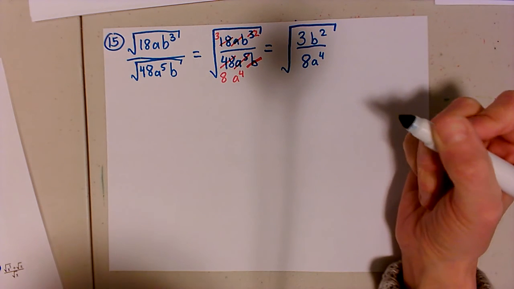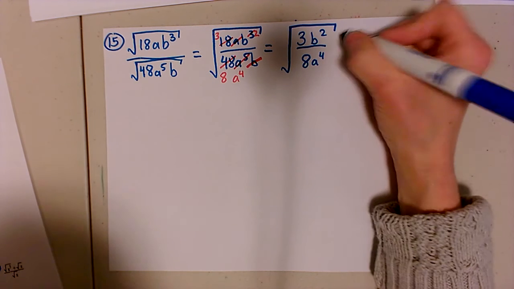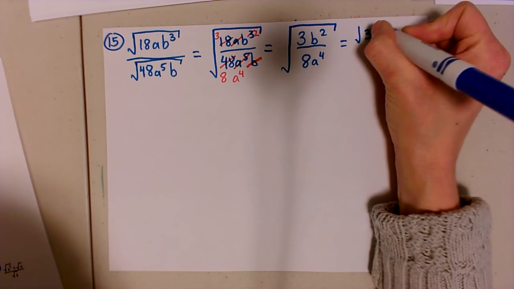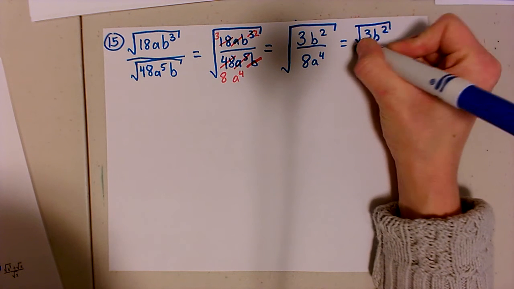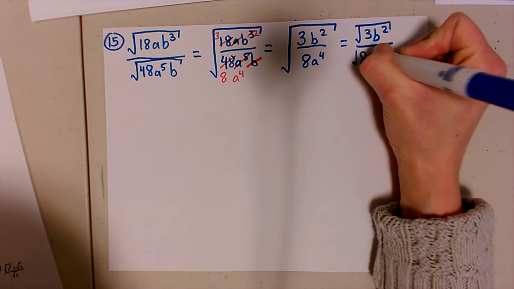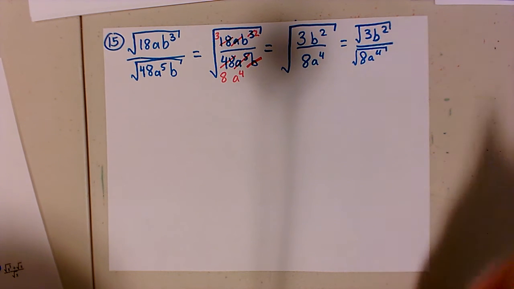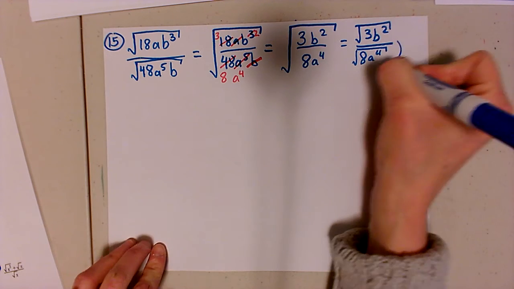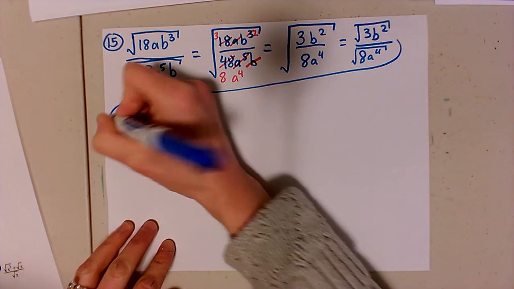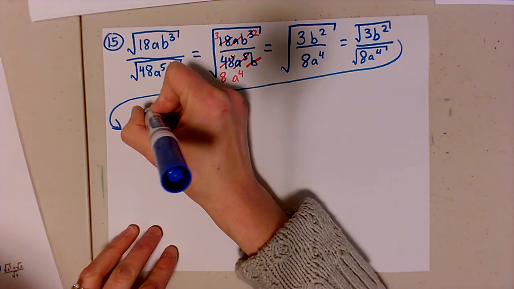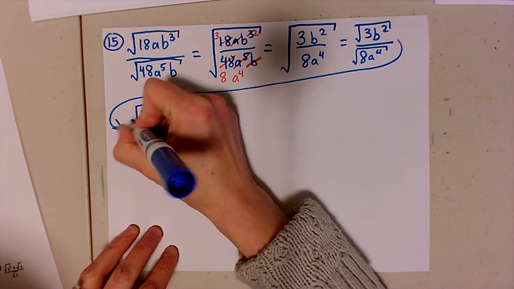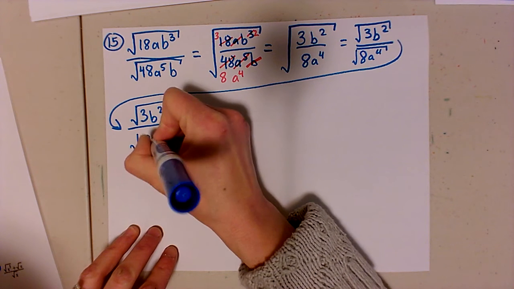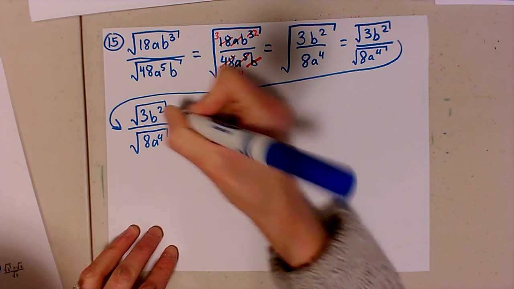Okay, so we'll put this under two separate radicals. And so the problem is the radical in the denominator, so we'll multiply by that to try and get it to disappear. So I have root 3b squared up top, and then root 8a to the 4th down below.